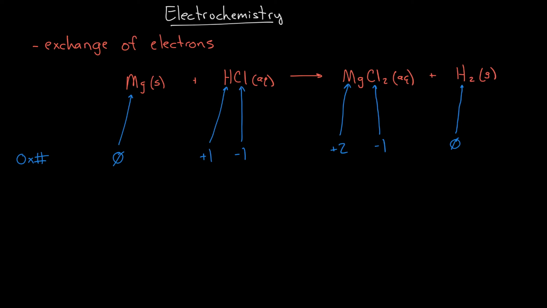If we look at this now and decide what has happened in this reaction, magnesium is going to go from 0 to +2. Is that a gain or loss of electrons? Since the charge is getting more positive, this is going to be a loss of 2 electrons.